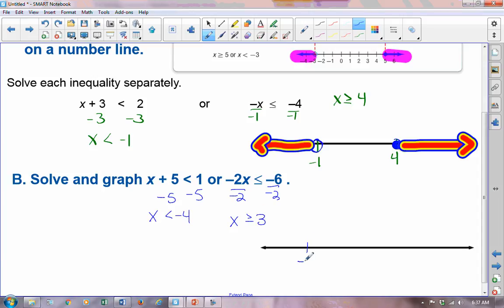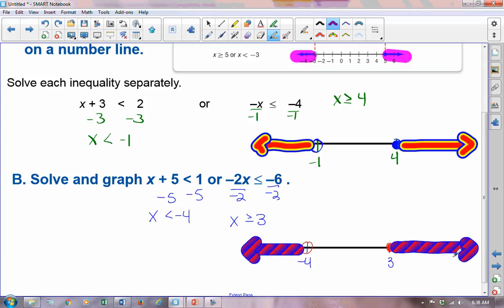So here's our -4 and our +3, and we'll get an open circle on -4 and a closed circle on +3. And again, our arrows tell us which direction we would shade. So we're shading to the left of -4 and to the right of +3. And that is your compound inequality using OR.